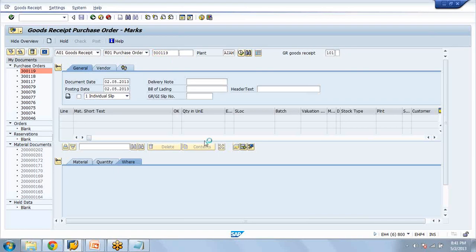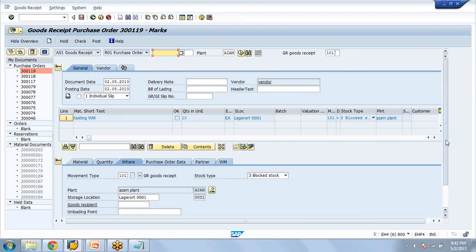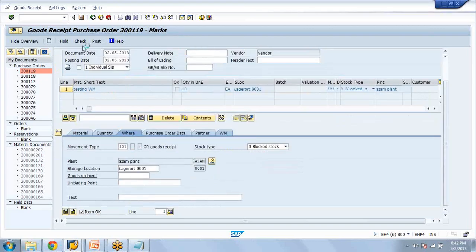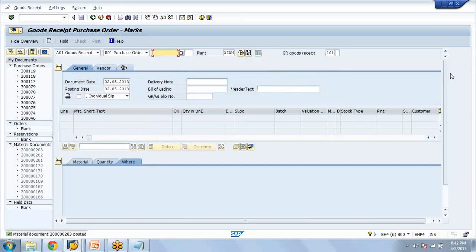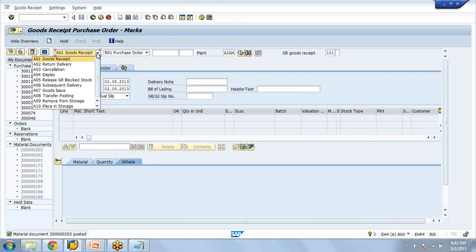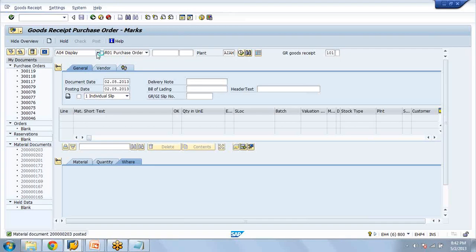The stock type, the blocked stock. See here, this data is flowing to the WM now.